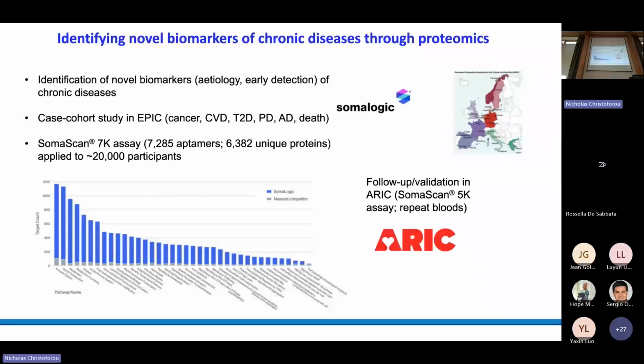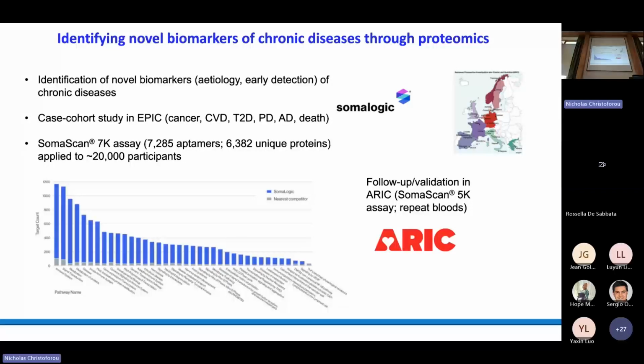This was building upon the INTERACT study, which was a study of diabetes set up about 15, 20 years ago now by Nick Wareham. We currently have around 20,000 participants within the case cohort, where we have incident cases of different cancers, diabetes, cardiovascular disease, Parkinson's, and Alzheimer's disease, as well as deaths.